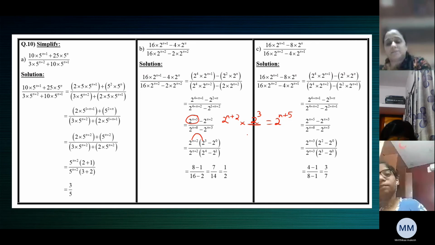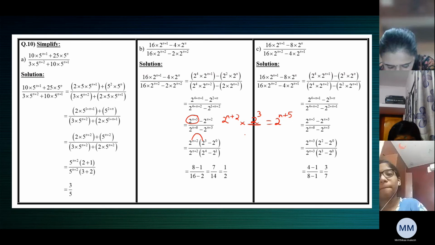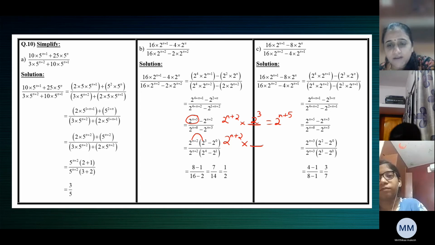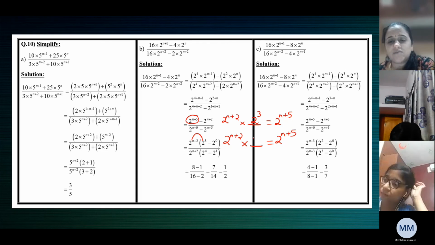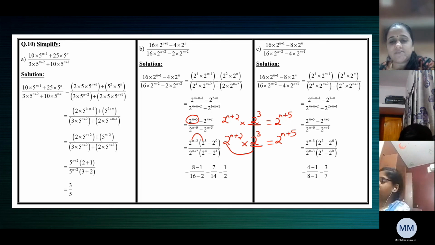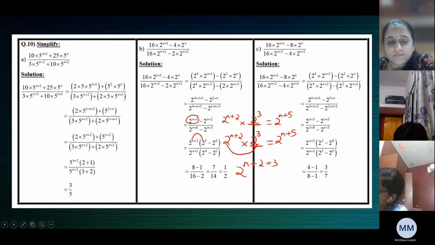Please think about it. Write this in the rough column. I have n plus 2 and I must get n plus 5, so I should multiply it with 2 to the power 3. When we add the powers, n plus 2 plus 3, you will get n plus 5.